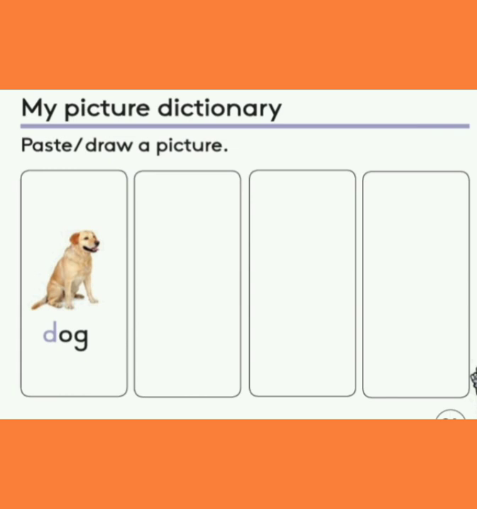So these words are starting with letter D. Already they have given you an example. See, they have pasted a dog's picture and they have written it dog. Okay, so what you are going to do is you can either paste or draw the pictures and name them.